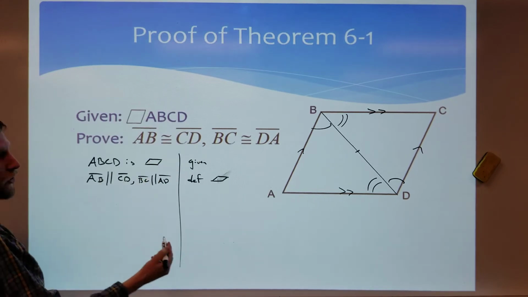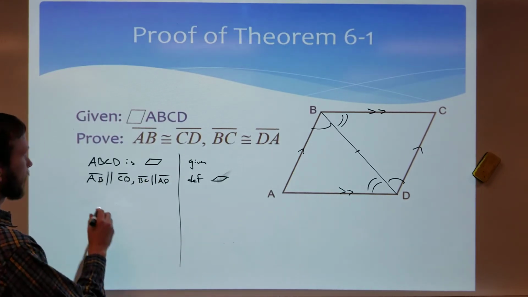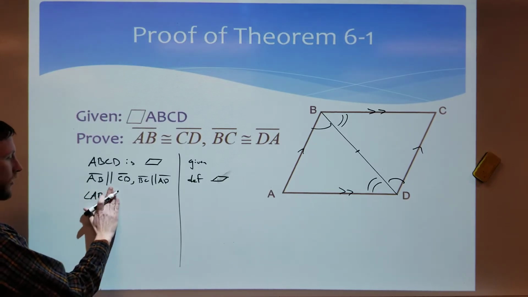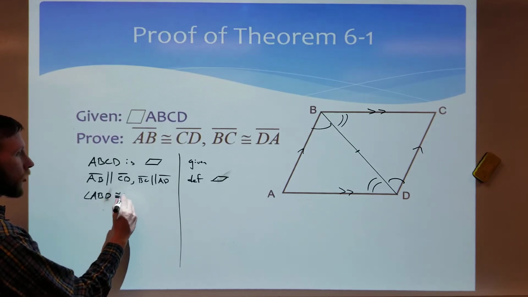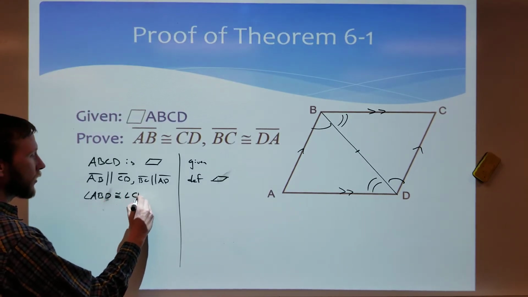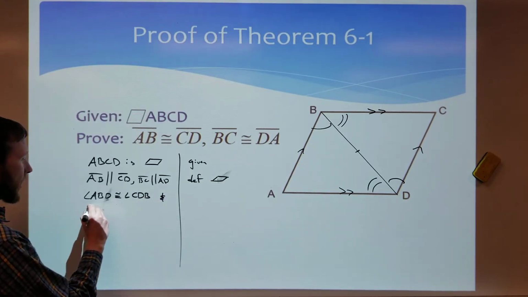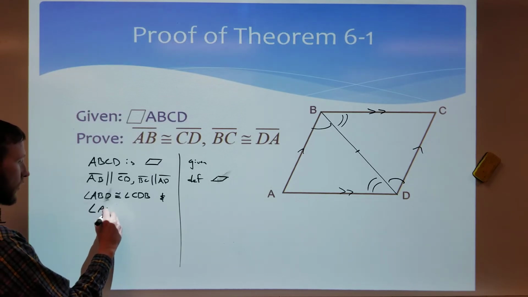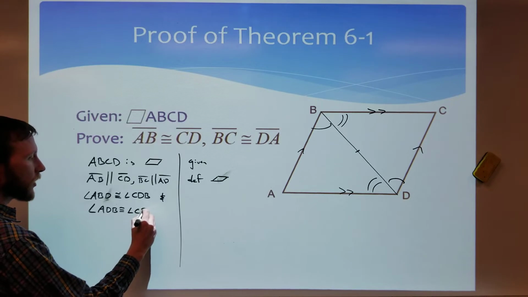Now, I have to use three letters. I can't say angle B is congruent to angle D and angle B is congruent to angle D, because that doesn't make much sense. I need to here say angle ABD is congruent to angle CDB, and I'm going to say that angle ADB is congruent to angle CBD.